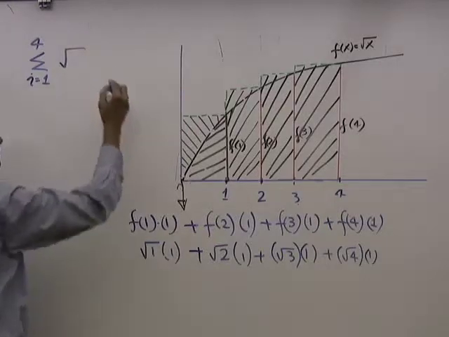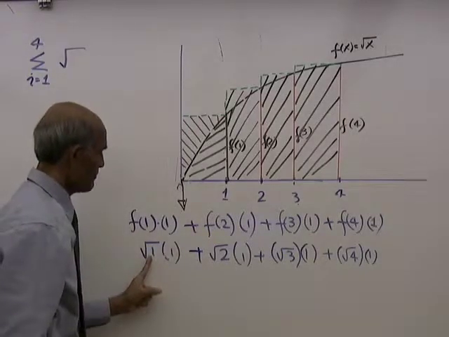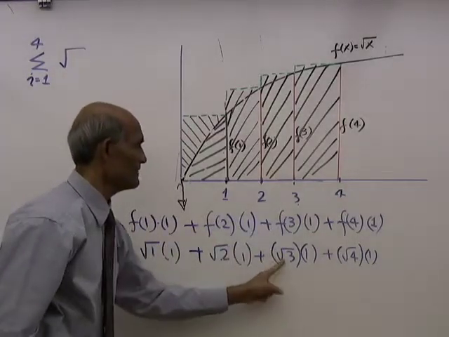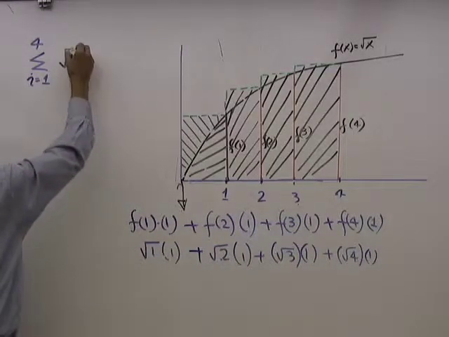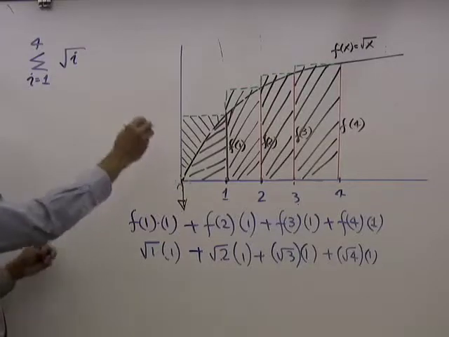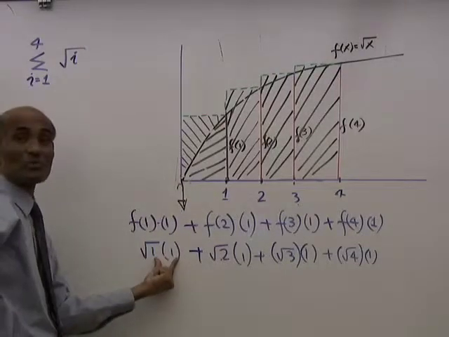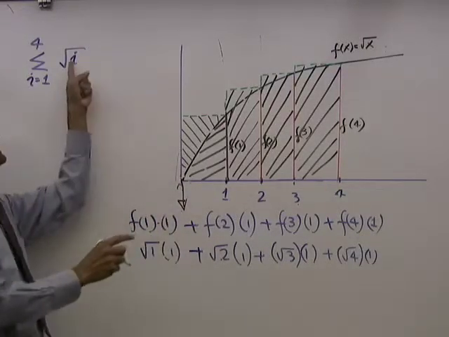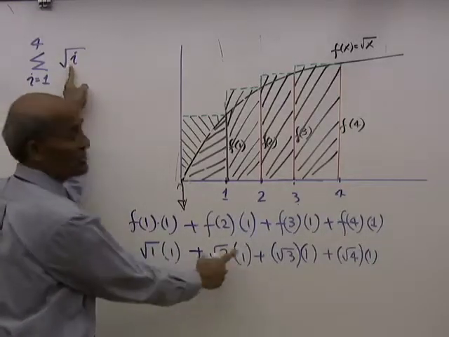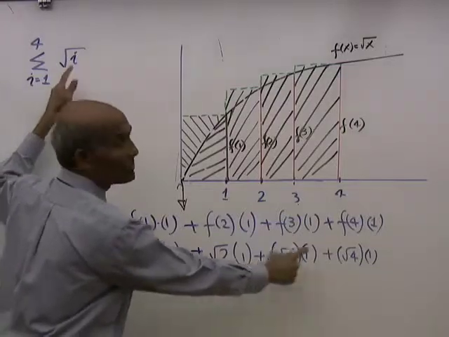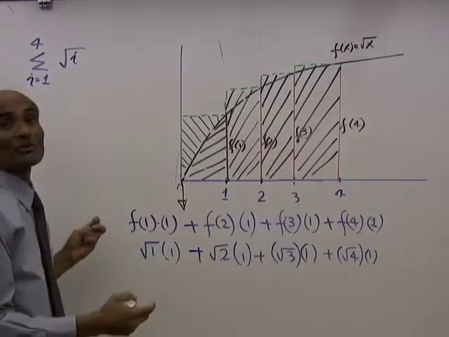So summation i equal to 1 to 4 of square root of, look at this. This is f of 1, f of 2, f of 3, f of 4. So I'm going to write that as square root of i. Is that right? When i equals 1, you get square root 1. When i equals 2, you get square root 2. When i equals 3, you get square root 3. When i equals 4, you get square root 4.